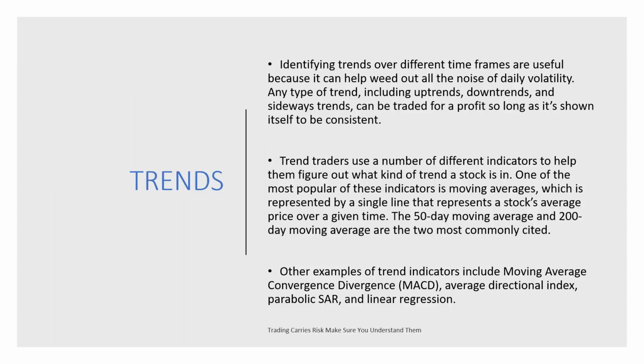So the first and one of the most important categories is what we call identifying trends, or trend indicators. Identifying trends over different time frames is useful because it can help weed out all the noise of daily volatility, and any type of trend, including uptrends, downtrends, and sideways trends, can be traded for profit as long as it's shown itself to be consistent.